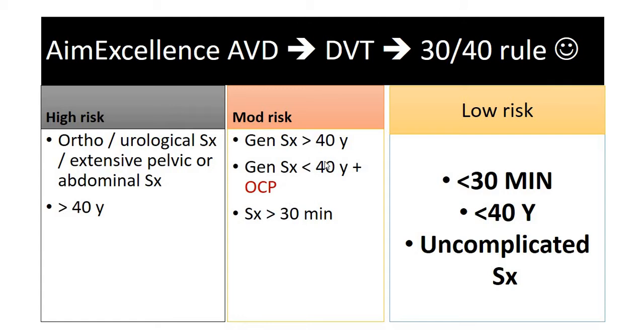Apart from that, according to the 30-40 rule, if the age is greater than 40, it is a bad prognostic factor, but if it's less than 40, it is a very good prognostic factor. And one thing we have to remember, certain surgeries like orthopedic surgeries, urological surgery, and extensive pelvic surgeries are very, very serious conditions which lead to formation of deep vein thrombosis and also pulmonary embolism.